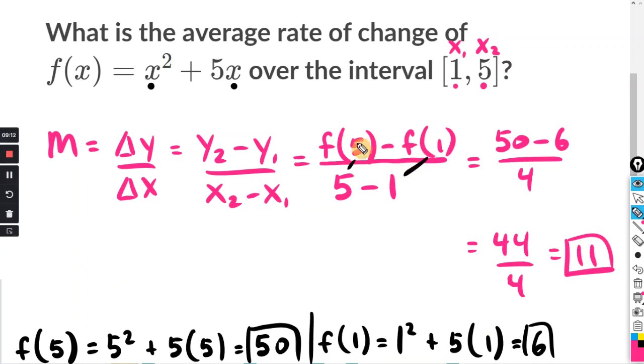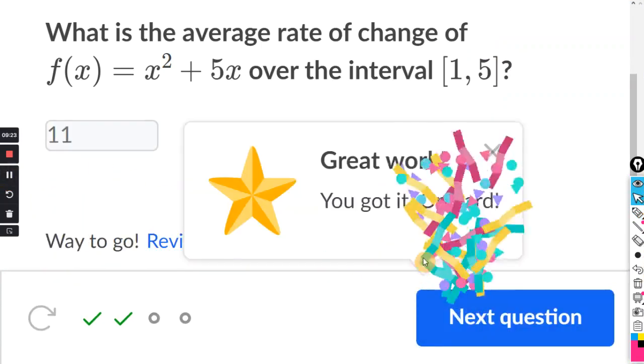And again, if you had reversed these two and reversed these two, you would have gotten negative 44 over negative 4. So same thing. 11 in the box.